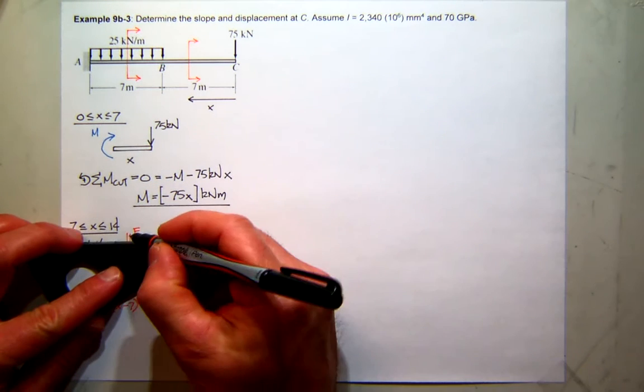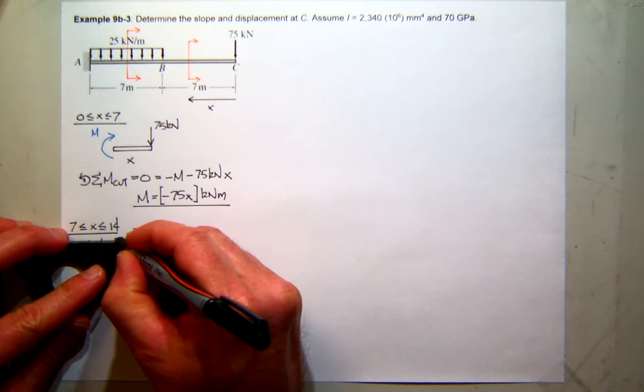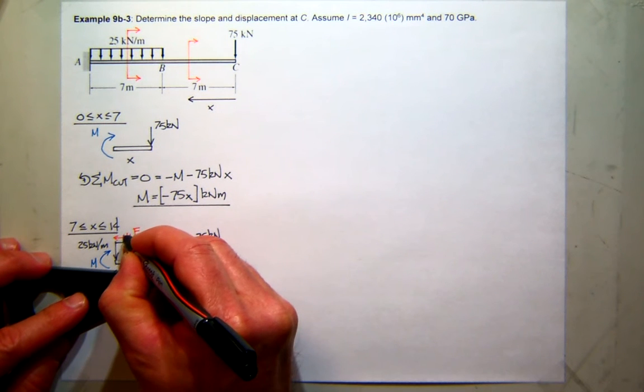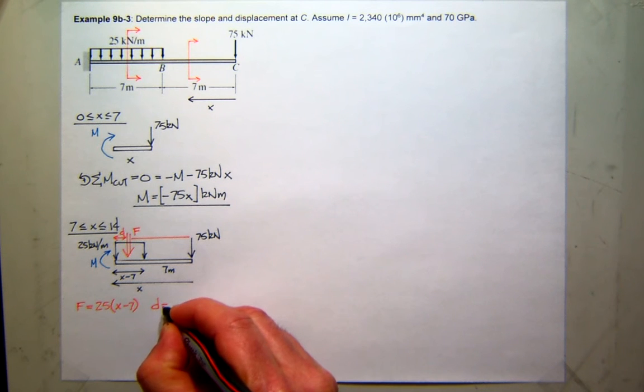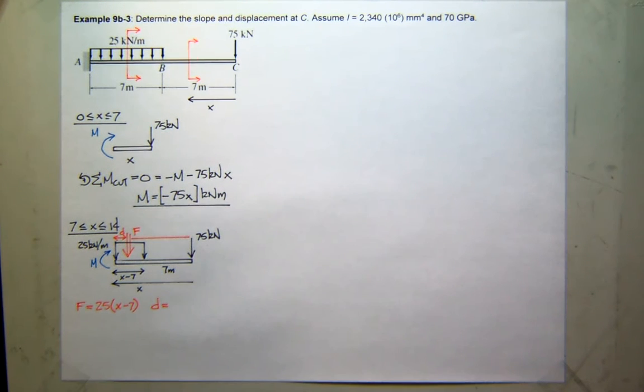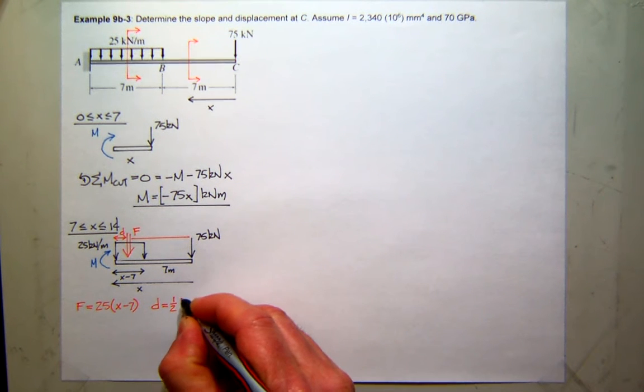And what is the distance? I'll call it D. What is the distance to that force from the cut? Right, x minus 7 over 2. I'll just put the 1/2 out in front.